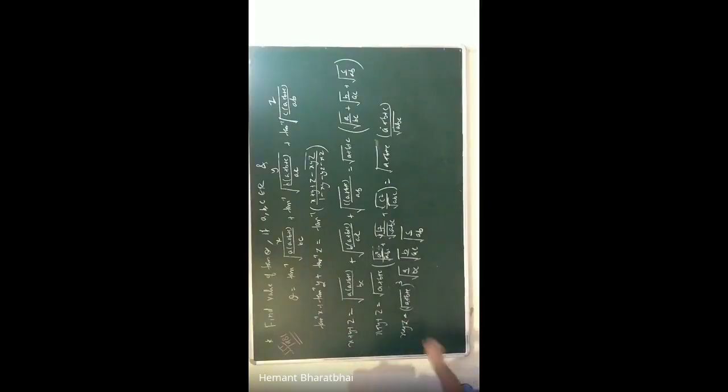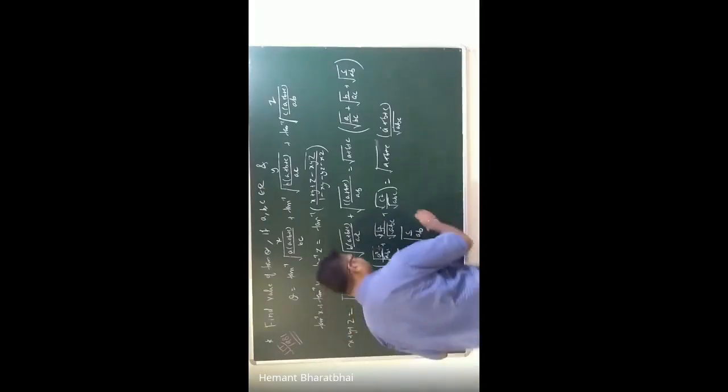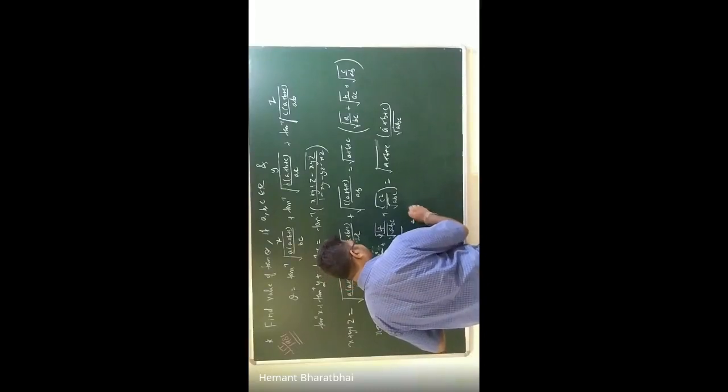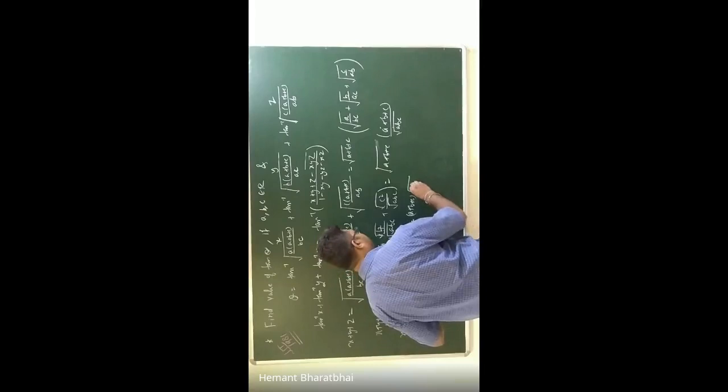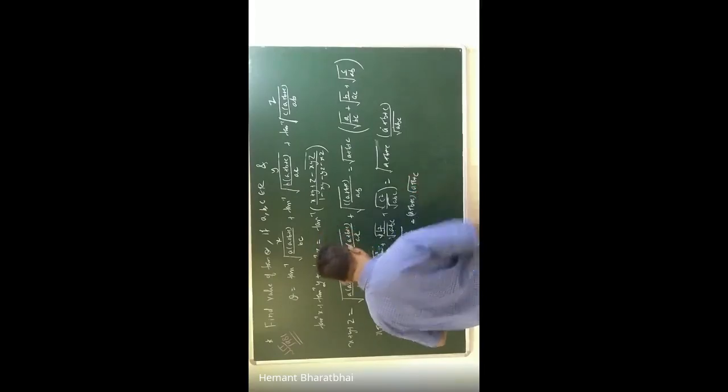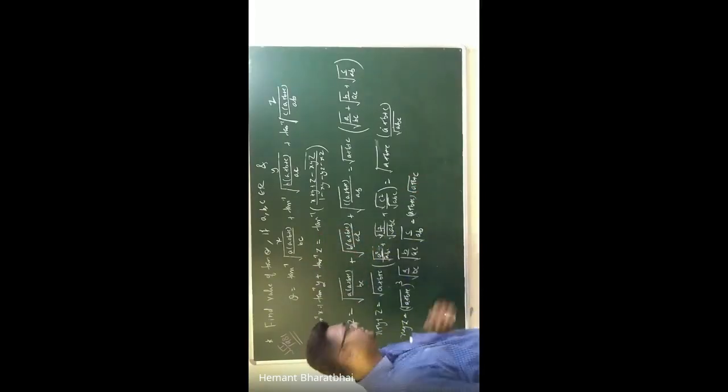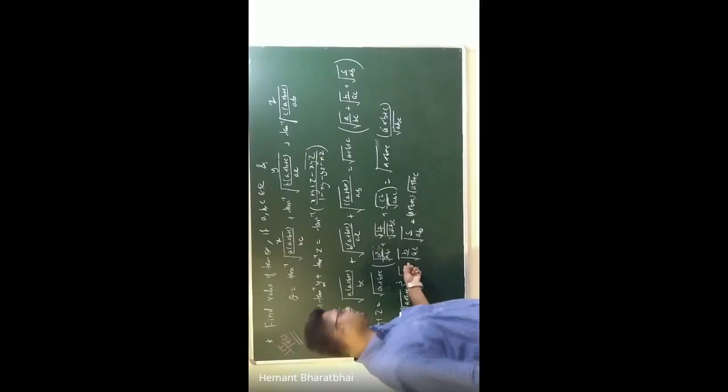And here, okay, root of x the whole cube can be written as x root x. Similarly here, I can write this term as a plus b plus c into root of a plus b plus c. And here the square and square root will get cancelled.